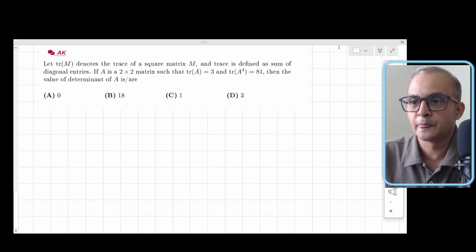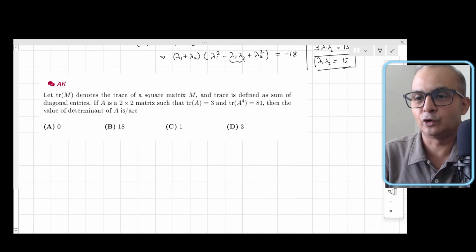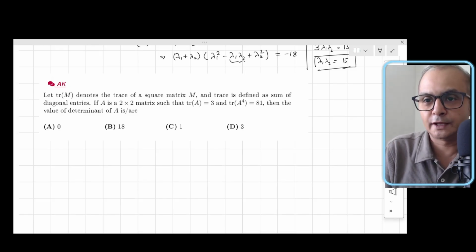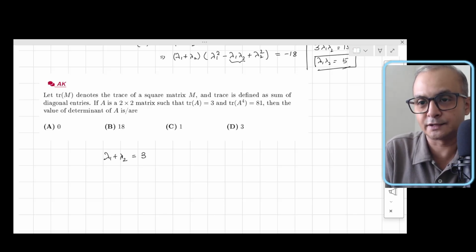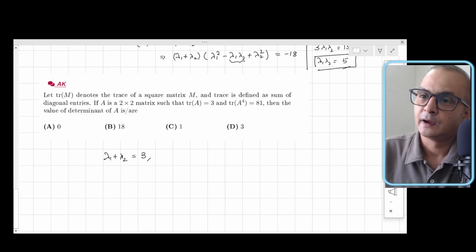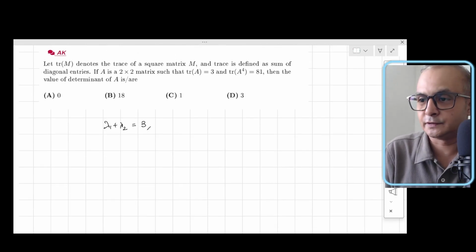Let's apply method 3 and see how profound it is. Since it is a 2 by 2 matrix, lambda 1 plus lambda 2 is 3, and lambda 1 to the power 4 plus lambda 2 to the power 4 is equal to 81.